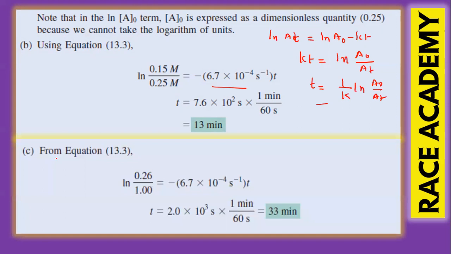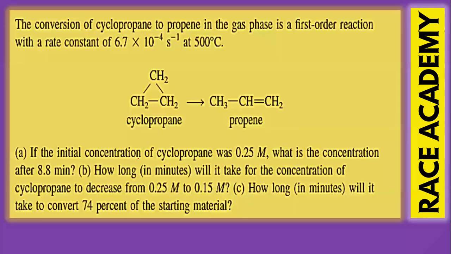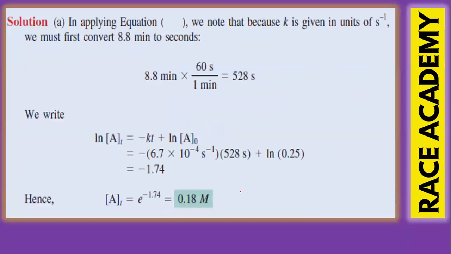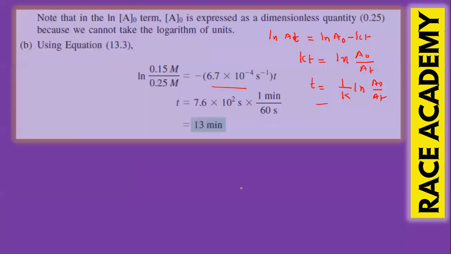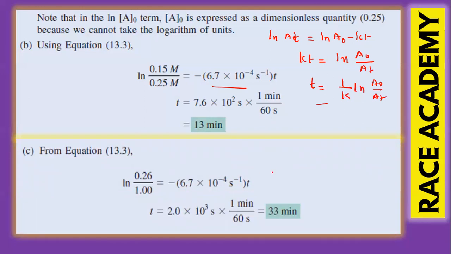Next question, they are asking us to find the time interval. The third question, they are asking us to find how long in minutes it will take to convert 74% of the starting material. Starting material is 100%, and that is converted to 74%. It means it became 26, A minus X means AT value is 26, or 0.26 when you take A as 1.